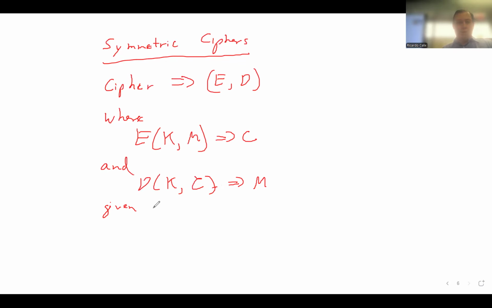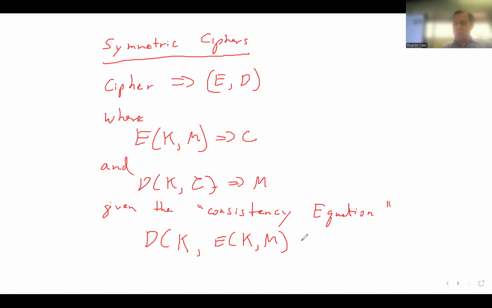Given the consistency equation, D(K, E(K, M)) = M. This has to hold exactly.